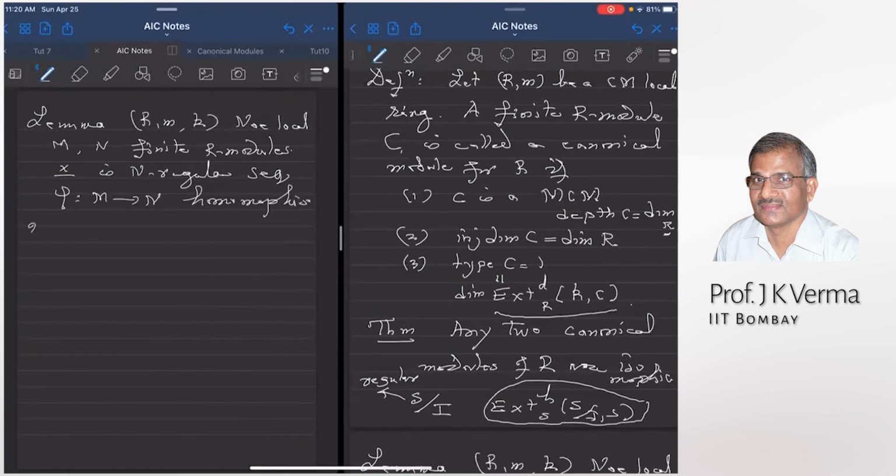Now, if phi bar from M mod xM to N mod xN is an isomorphism, then phi is an isomorphism.